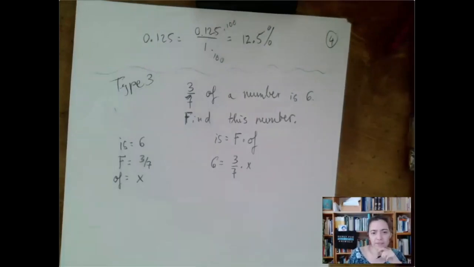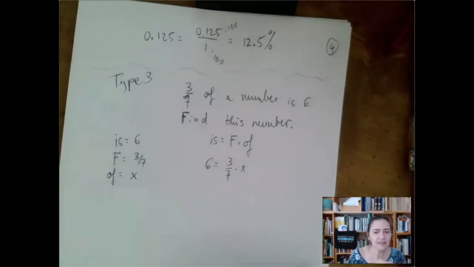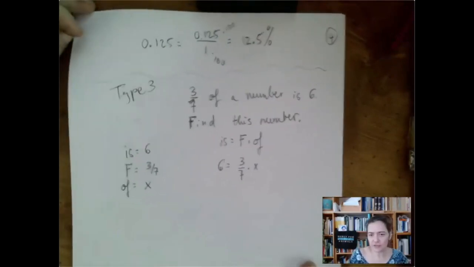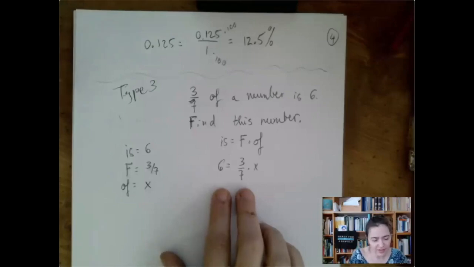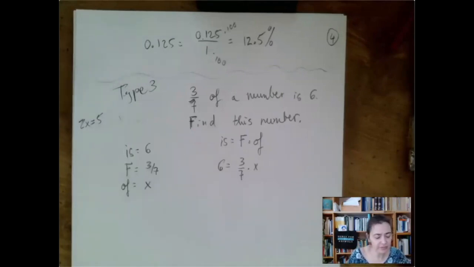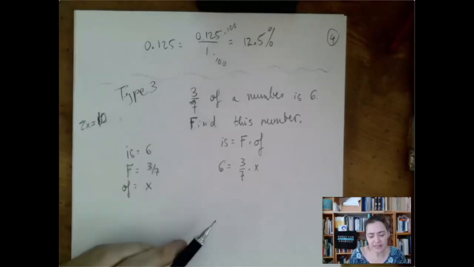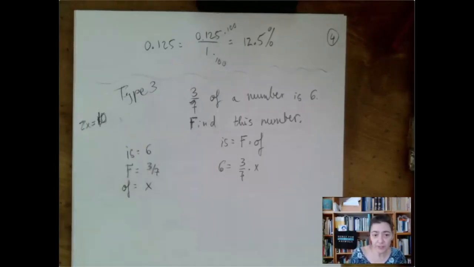So the way I see it, again, there are a gazillion different teachers with different ways. The way I see it, this equation is not really different from 2x = 10. What would you do to solve 2x = 10? Divide by 2. Right. So here I would say, well, what is multiplying x? 3/7 is multiplying x.